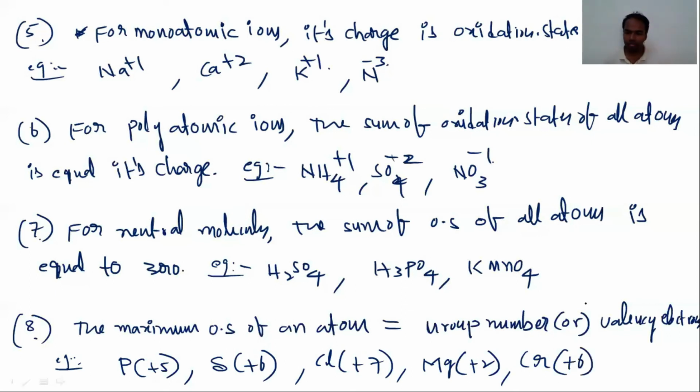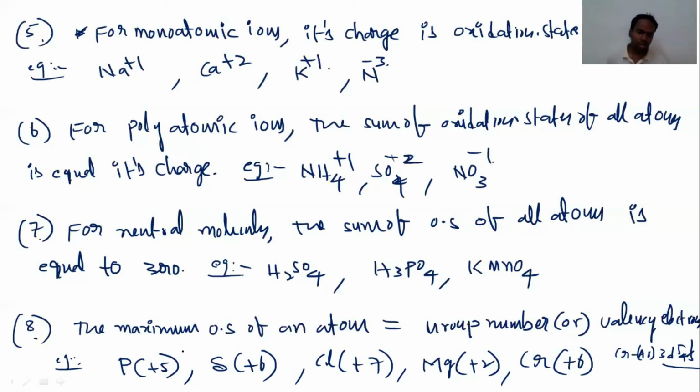What is the chromium electronic configuration? Argon 3d5 4s1. For d-block elements, we have to consider the ns and (n-1)d electrons as valency electrons. 1 plus 5 is 6. Maximum state possible is 6. Otherwise, you can take the group number. What is the group of chromium? 6B. That's why it is +6.